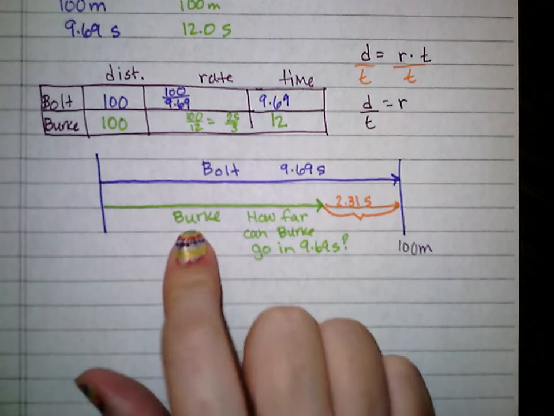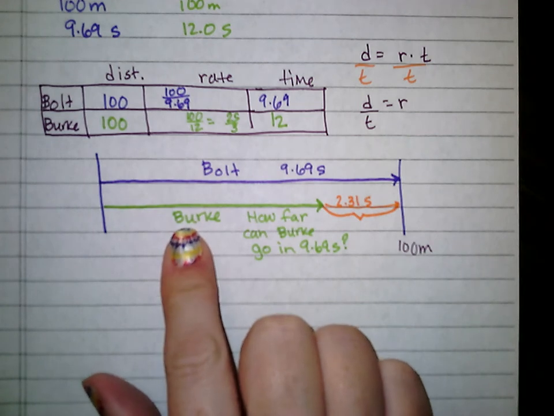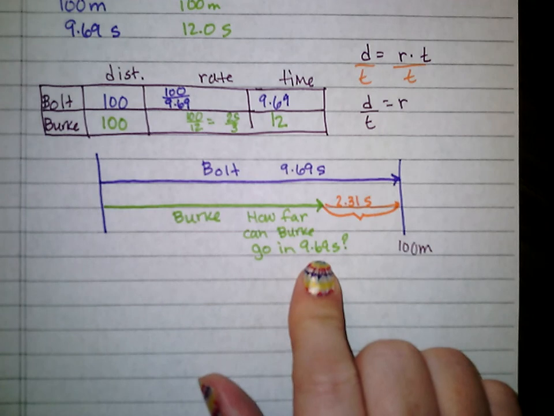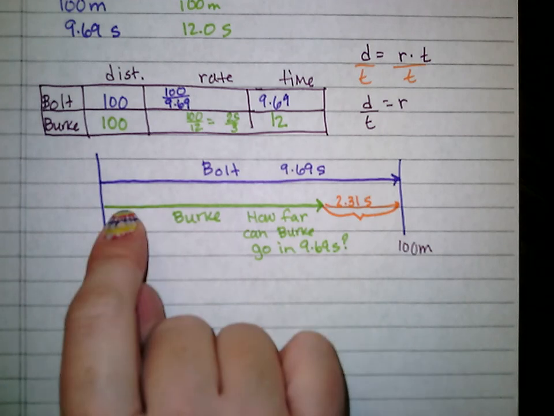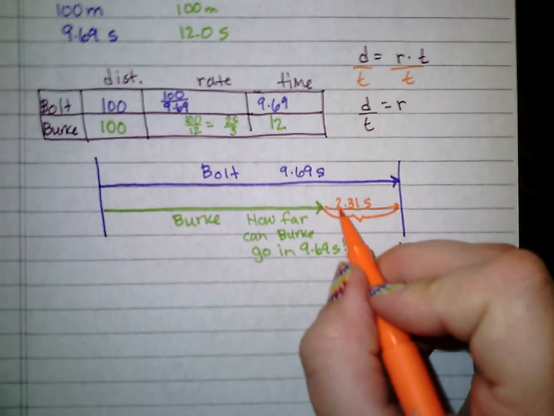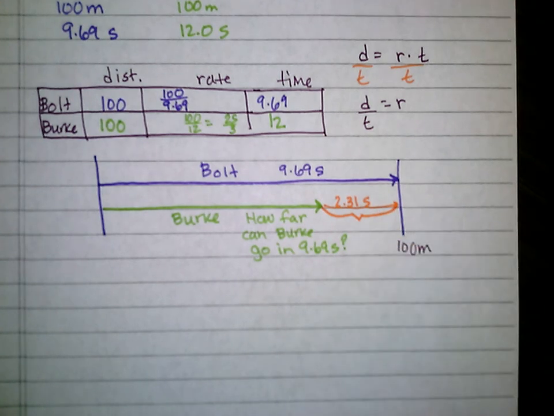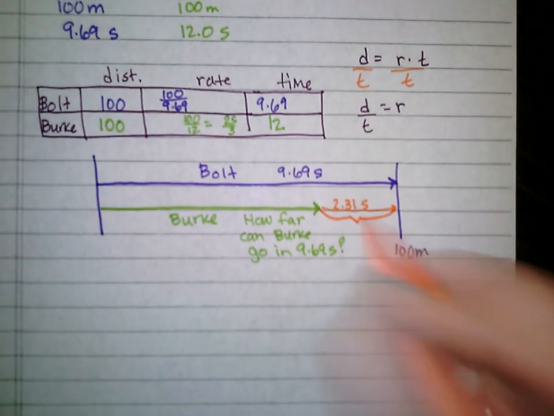So if we take Burke's rate times the amount of time, 9.69 seconds, we can figure out this distance here, right? Because distance equals rate times time. Or we could take Burke's rate times this time to get that orange distance, which is going to be the shortfall.